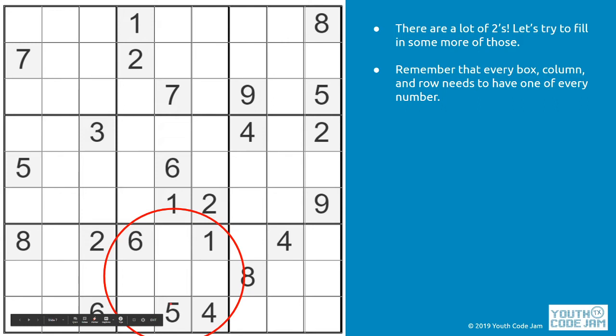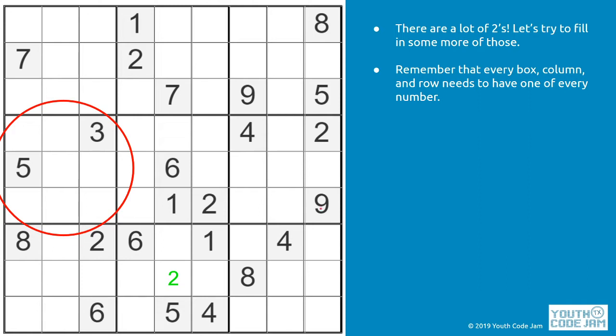So let's go ahead and fill that in. See how it works? Now let's take a look at this square. We'll eliminate anywhere where there's already a 2 in that row or column. So I see a 2 right here, which means that these 2 squares in the same column can't be 2s. I see a 2 here, which means that this entire row can't be 2s. There are no more 2s in that row.